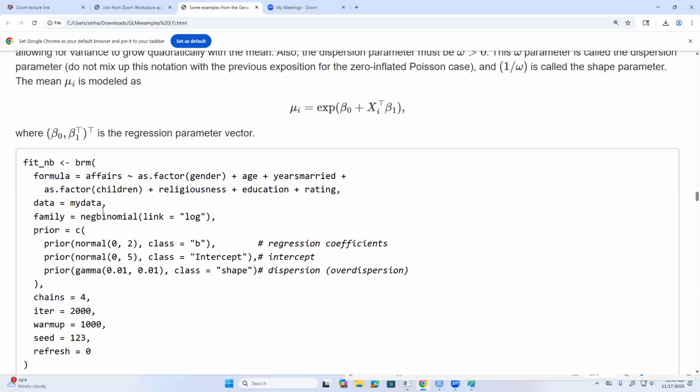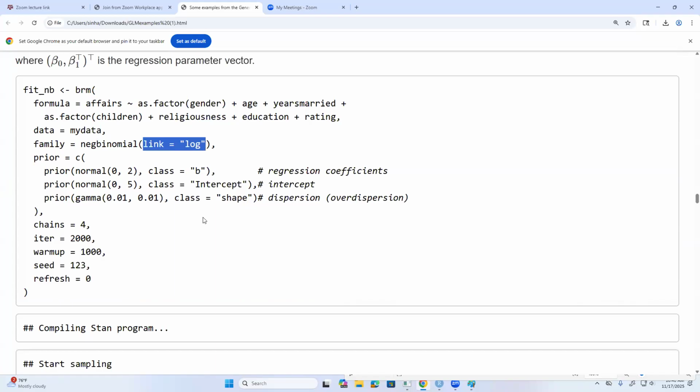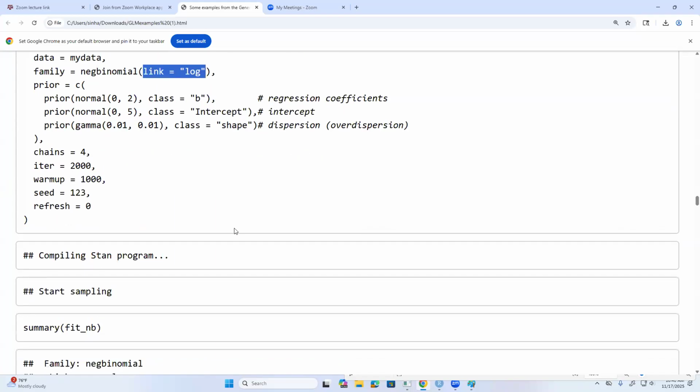If you want to fit the model, use the brm function of the brms package, and make sure you put the family equal to negative binomial, link equal to log link. This is in R code. If you use MATLAB or Python, you may find some alternative code.